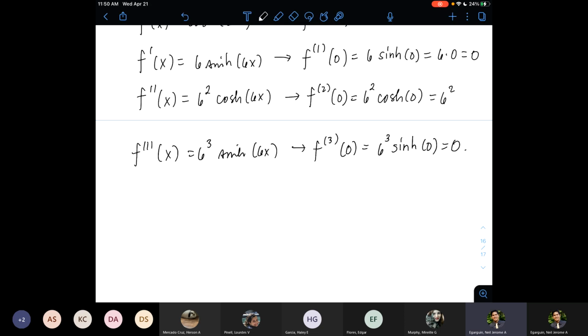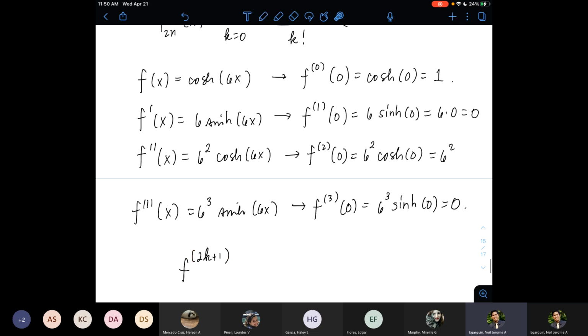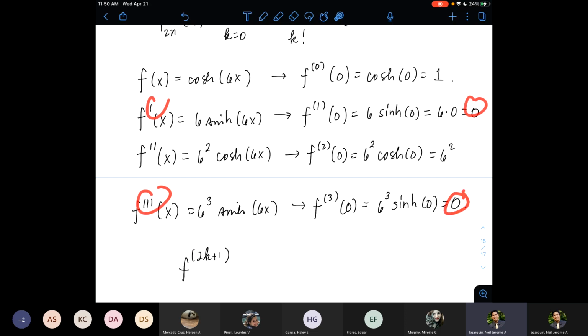And I hope here that the pattern will be obvious, because if you have f upper 2k plus 1, which is an odd number, you see that the first derivative is 0, third derivative is 0.